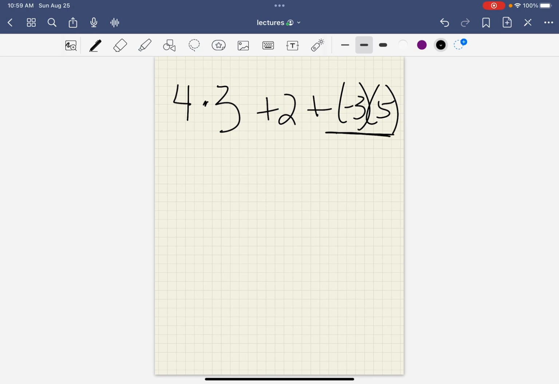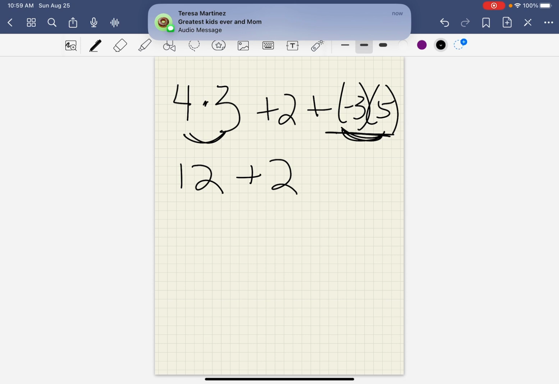So really they're nothing more than multiplication, which is what we have up front. So we don't have parentheses, we don't have exponents. We start doing any multiplication and division from left to right. So 4 times 3 gives us 12. We don't do anything with the plus yet. And then negative 3 times 5 is negative 15.